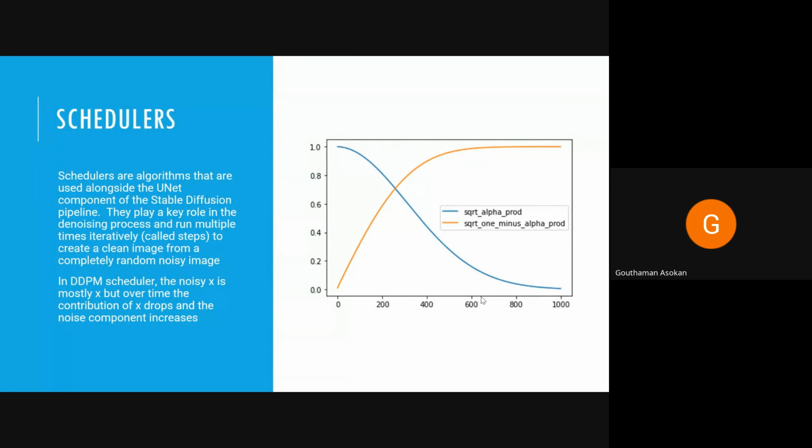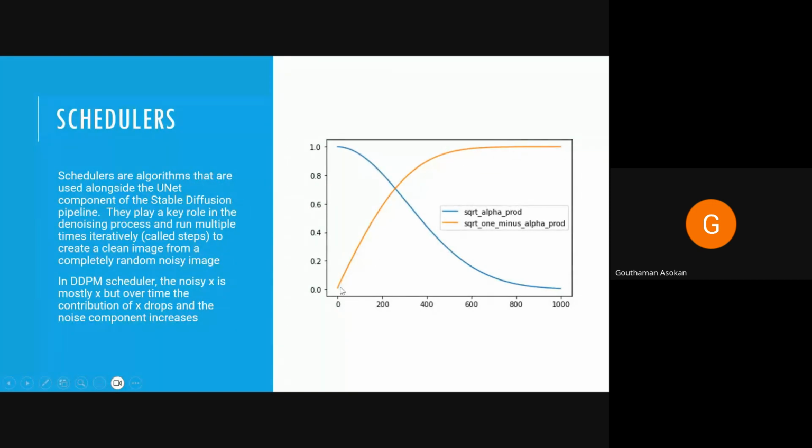We'll be particularly looking at one famous scheduler, the DDPM scheduler, the denoising diffusion probabilistic models scheduler. We'll see how it works, and we'll also see in the code sample how the scheduler is being used. Here you can see the plot of the DDPM scheduler being used. If you see this orange line, this is the noise being added.